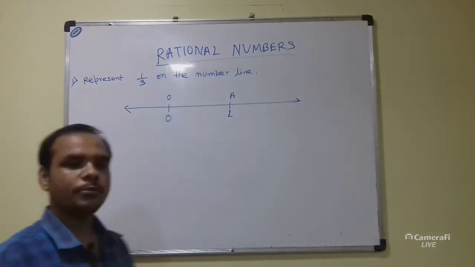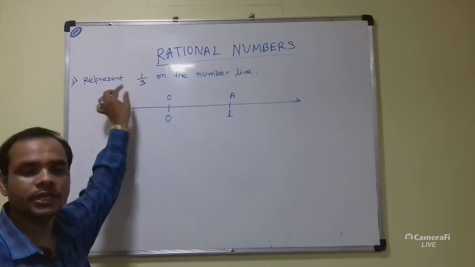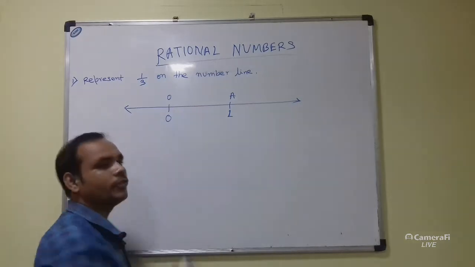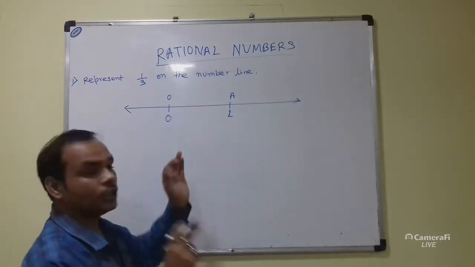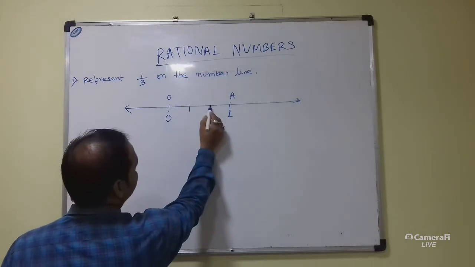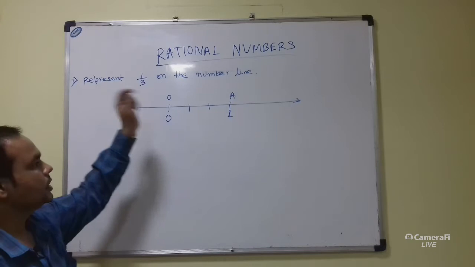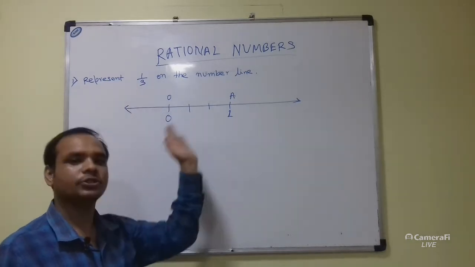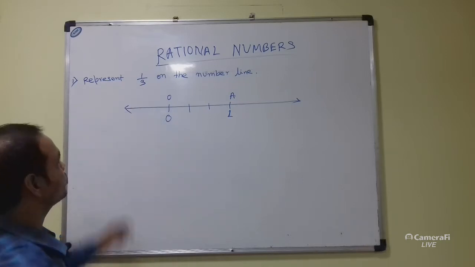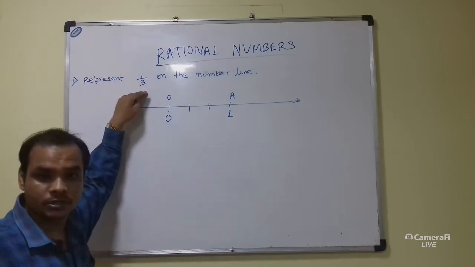Now you have to see the denominator. What is the denominator here? The denominator is 3. So we have to divide this unit part into 3 equal parts. Now 1/3 means we have to take one part out of 3 parts.